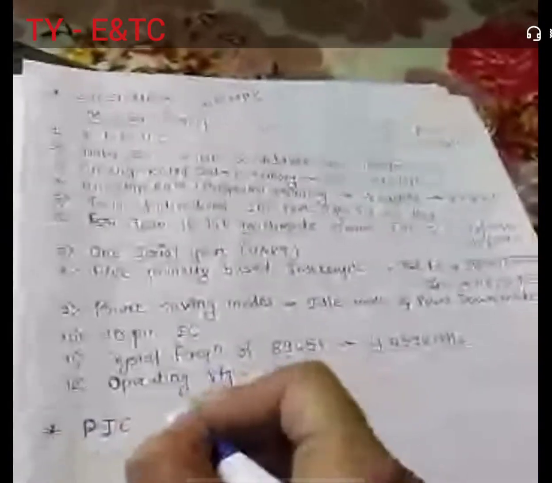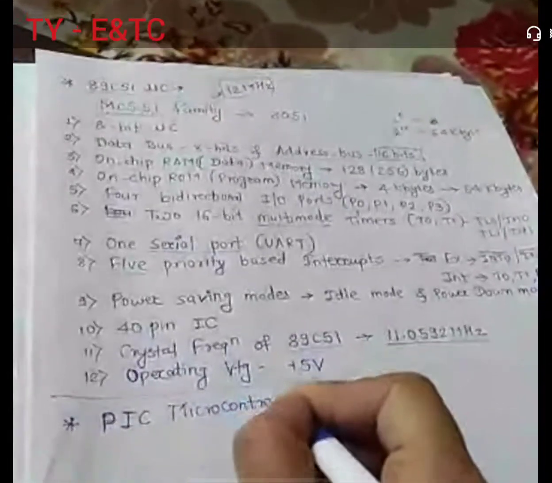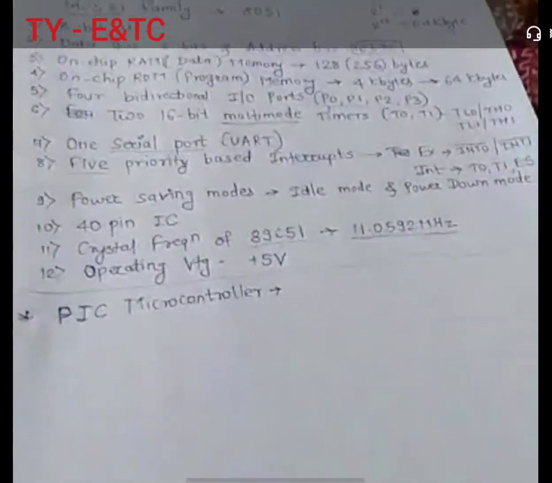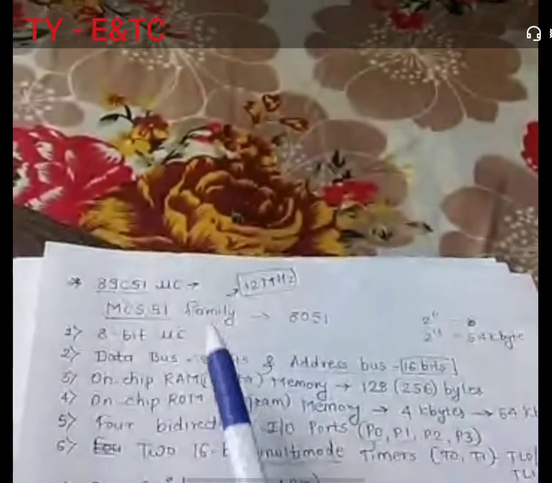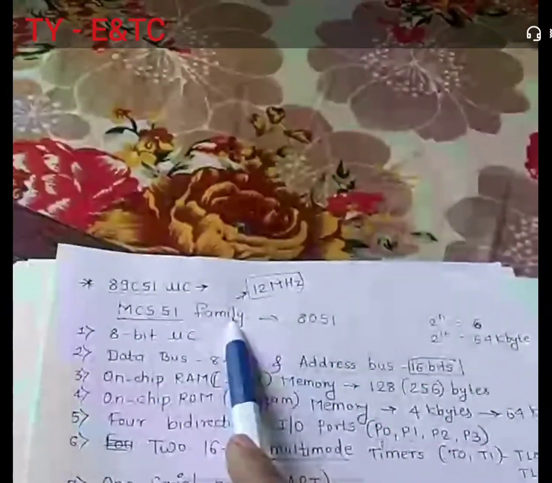Okay, second type of microcontroller is PIC. See, as we have seen, 8051 is related to the MCS51 family of microcontrollers.